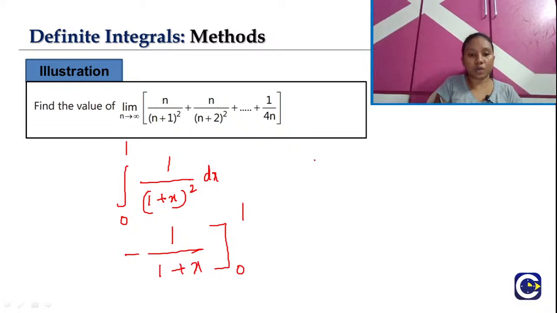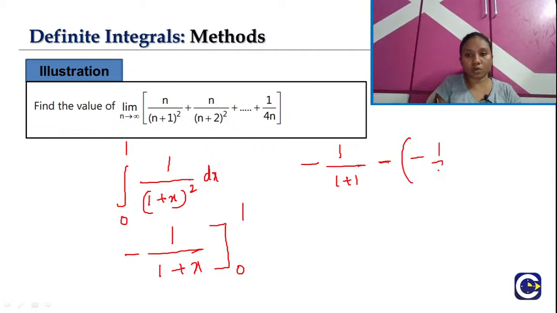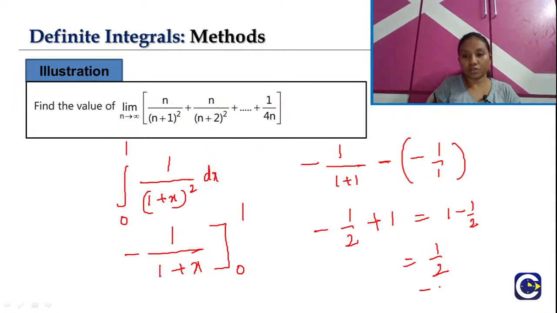So let's substitute 1 here, that means minus 1 by 1 plus 1. So minus of, if we substitute 0, it will be minus 1 by 1. So this will be minus 1 by 2. So minus into minus, it will be plus 1. So 1 minus 1 by 2 here will be equal to 1 by 2. So that will be the final answer here.